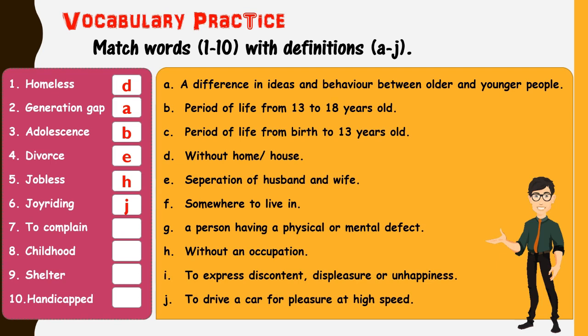They just drive cars for pleasure at high speed, which might cause a lot of problems like road accidents and victims, etc. To complain is matched with definition I, which says to express discontent, displeasure, or unhappiness.